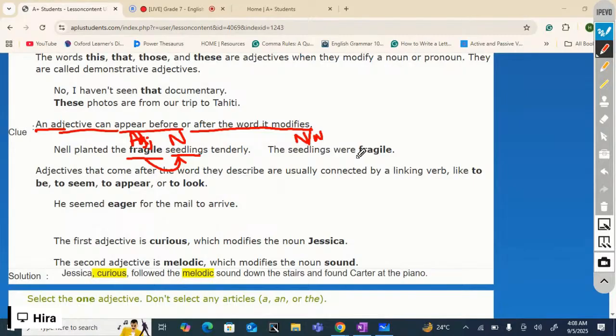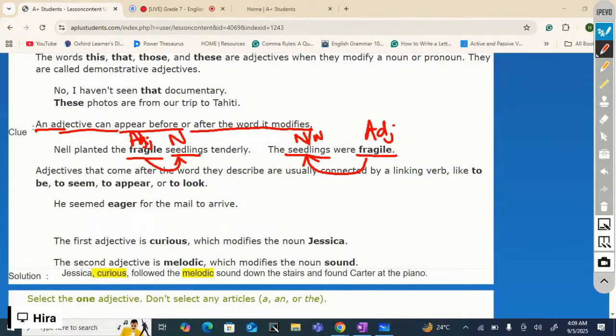Then the adjective is used after the word. Fragile appears after the word it modifies. It modifies seedlings and it appears after this word.